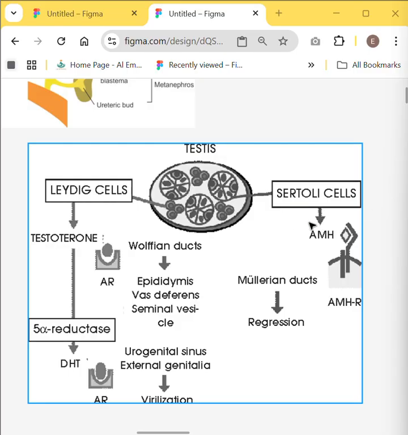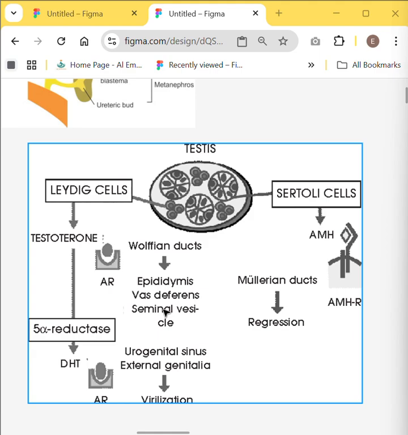So the Sertoli cells are going to suppress the Mullerian ducts and cause their regression, whereas the Leydig cells are going to make testosterone, which is going to stimulate the Wolffian ducts to develop into the vas deferens, the epididymis, and the seminal vesicles.